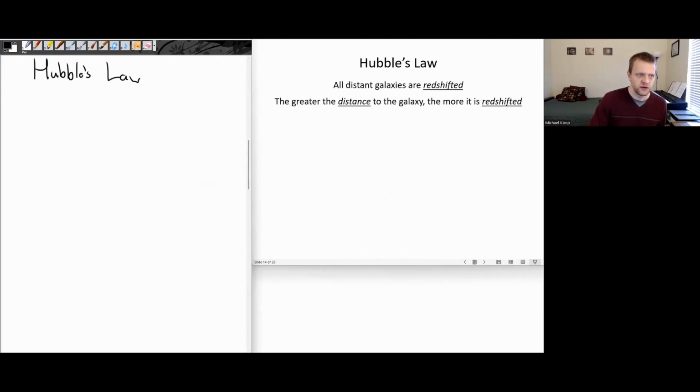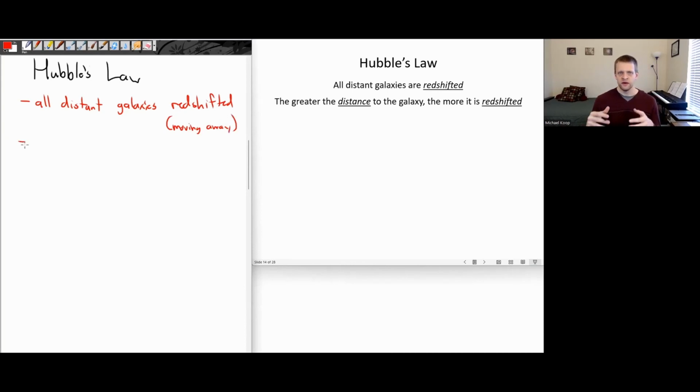He noticed that all distant galaxies are redshifted, i.e. moving away. And the greater the distance to these galaxies, the more it's redshifted.